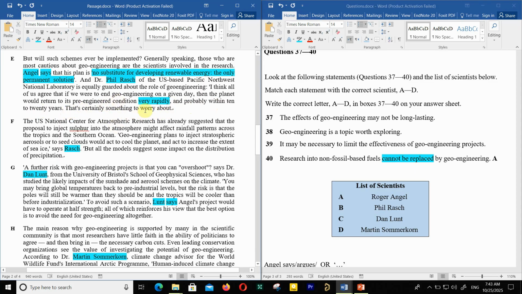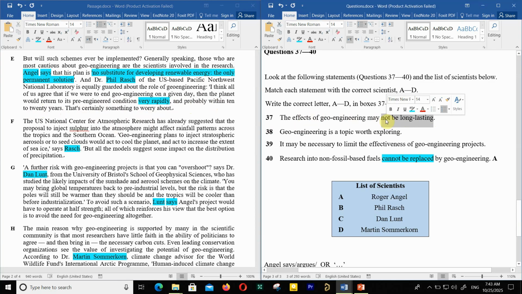So here it says something about the effects of geoengineering may not be long lasting, which means it's very quick, very rapid. So I'm quite happy that these are my keywords in here. So the answer for question 37 is rush, and for rush I have to write B in my answer sheet.